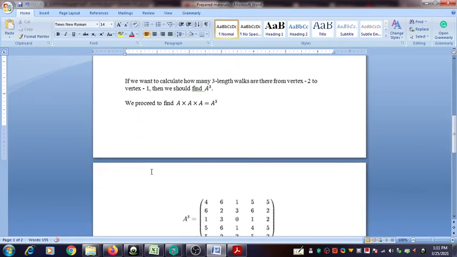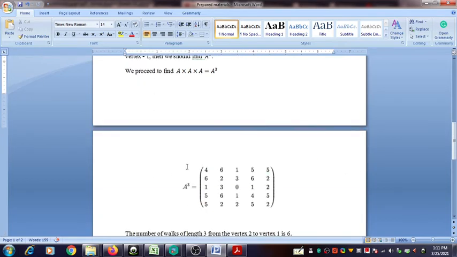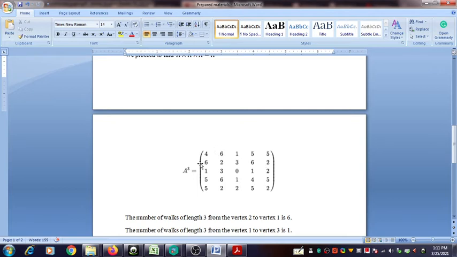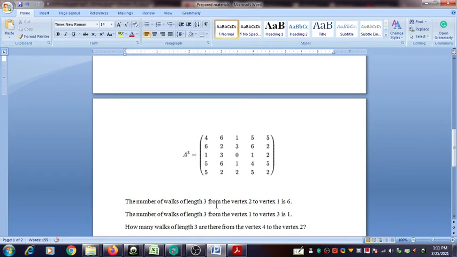That's illustrated here. After multiplication, the matrix A cube is 3 6 1 5 5, 6 2 3 6 2, 1 3 0 1 2, 5 6 1 4 5, and 5 2 2 5 2. This matrix is symmetric.